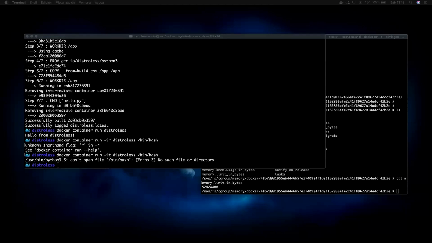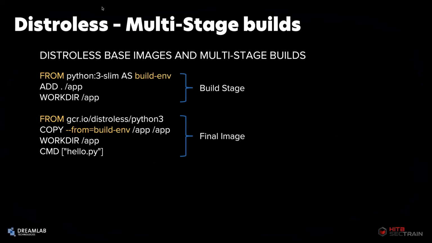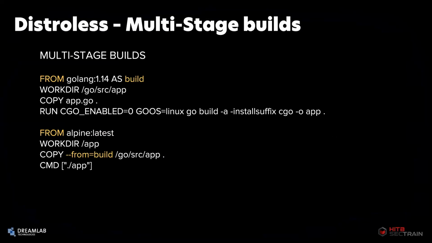Here I have another example in the slides. This is another example of multi-stage builds. In this case, it's not distroless because the final image actually has a distro.